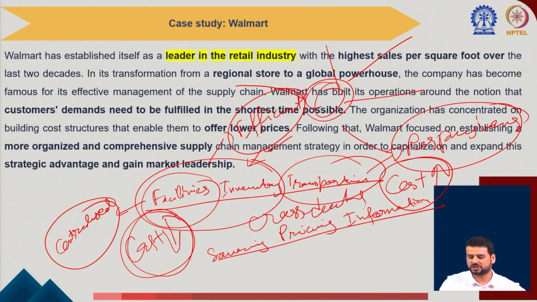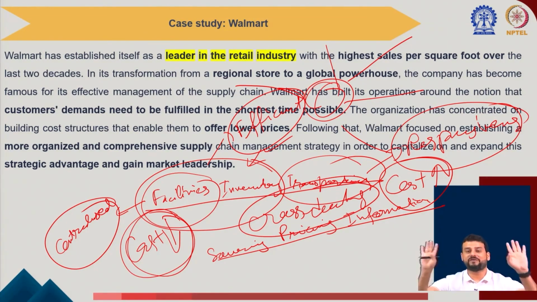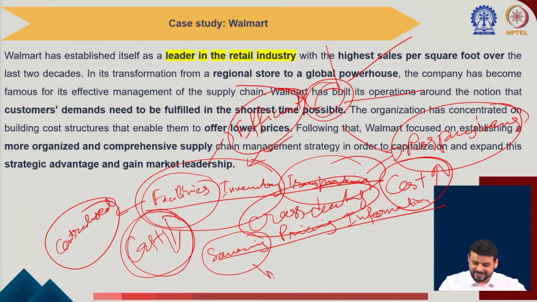For transportation, the basic model is cross docking, and we have seen cross docking is the best example where you are not maintaining inventory, transportation cost is cut down, and you are consolidating orders at one location from where you ship the trucks pin code wise, right. Sourcing is another cost efficient parameter.